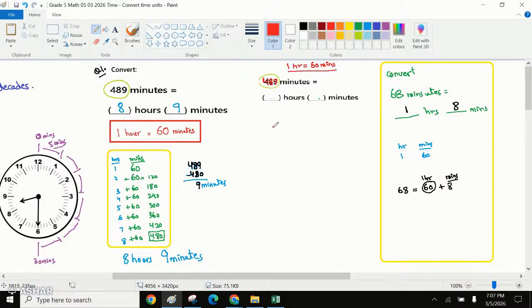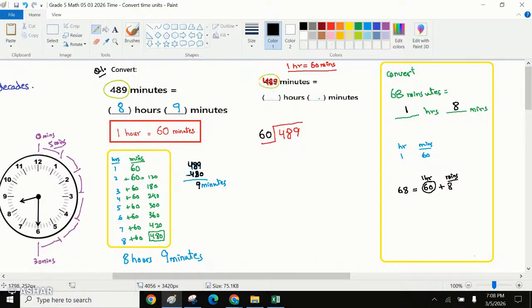So simply divide 489 minutes by 60. We don't know the multiplication of 60, right? But we do know the multiplication of 6.